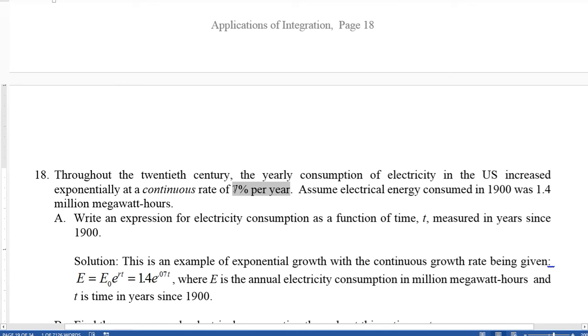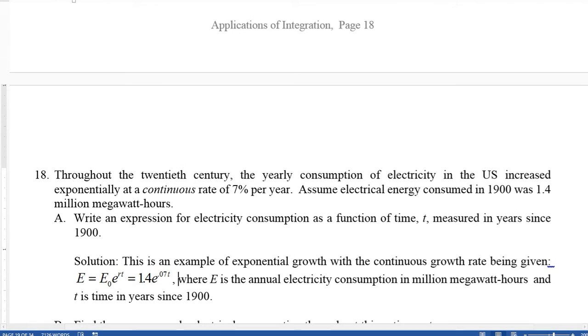So k is 7% per year, so that's 0.07 t. So t must be in years since that rate is per year. And the initial amount is 1.4, so when you plug in t as 0, this is 1.4. T is measured in years since 1900, and so that's the formula that we were looking for.